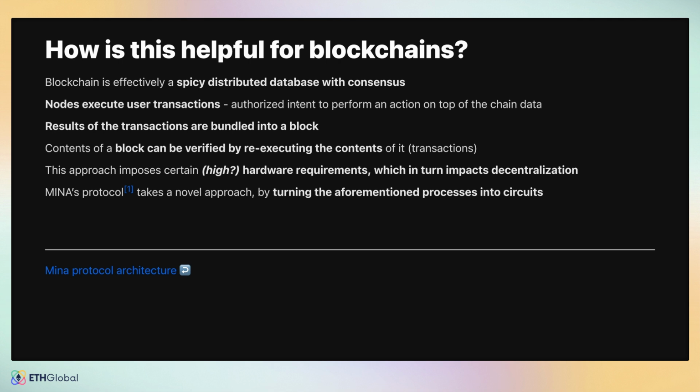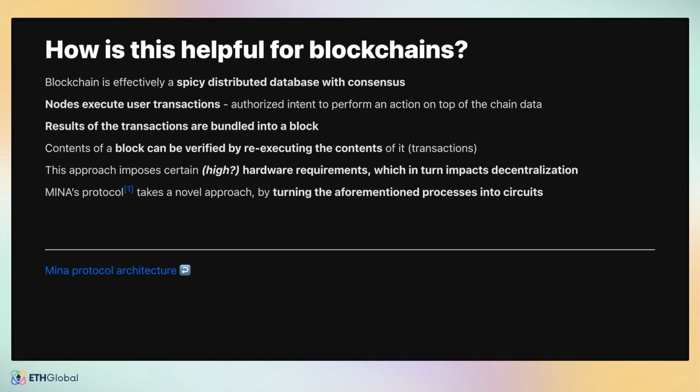So what this means is that since all of the block production is a series of recursive circuits, the barrier of entry for running a node gets lower and lower, because to verify a block, you don't have to re-execute the transactions again. You can just verify the proof provided by the block producer that with pretty much certainty tells you that the transactions have been included correctly and that the block is valid. So you don't have to re-execute transactions again.